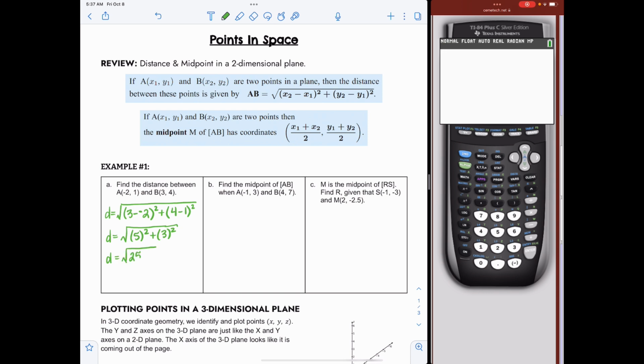And we end up getting 25 plus 9 under the radical. And 25 plus 9 is 34. So finally, the square root of 34 is approximately 5.83 in 3 significant figures.